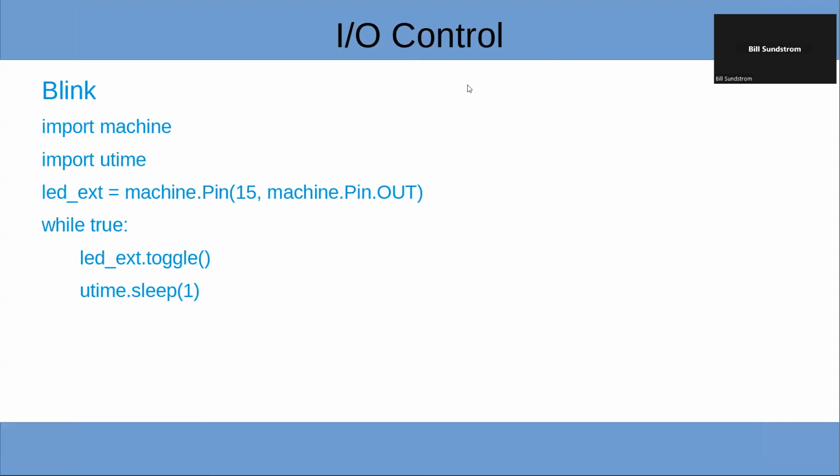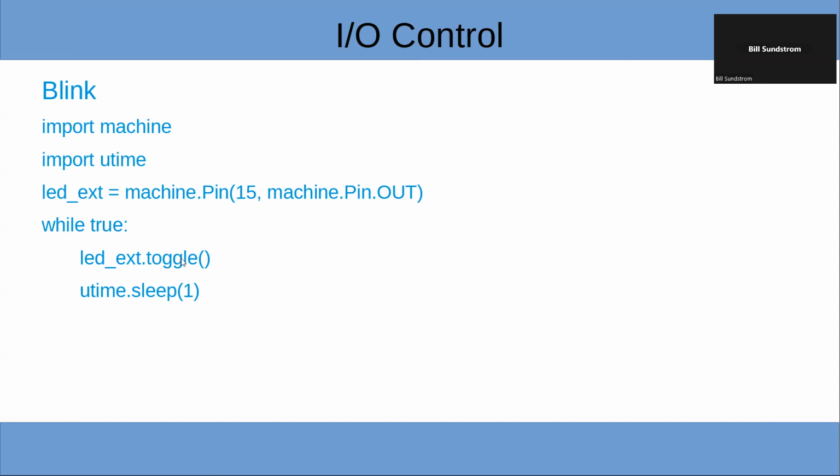In order to make that LED blink, we need a little program like this where we import the machine library. We import the time library because we want to have a delay. We define the LED as we call it LED external, and we set that to GPIO pin 15 as an output. We create a loop and say while true, which means it's going to loop forever because there's nothing to ever make it false.